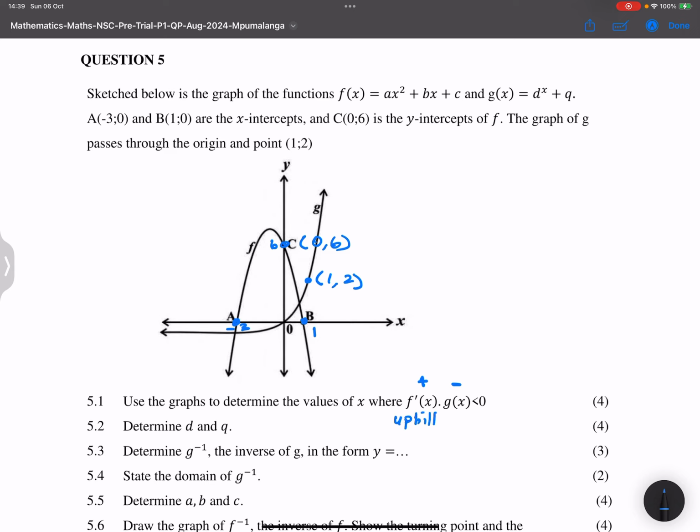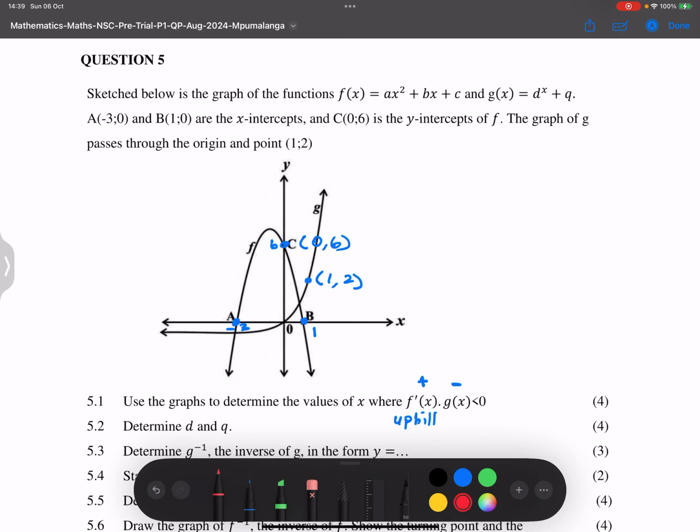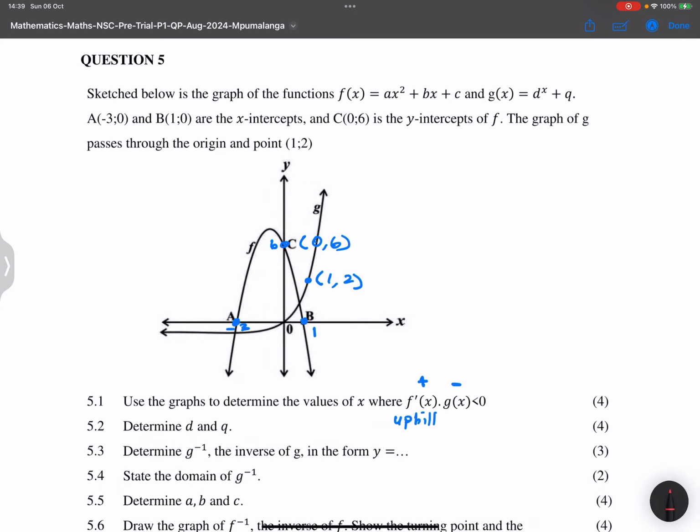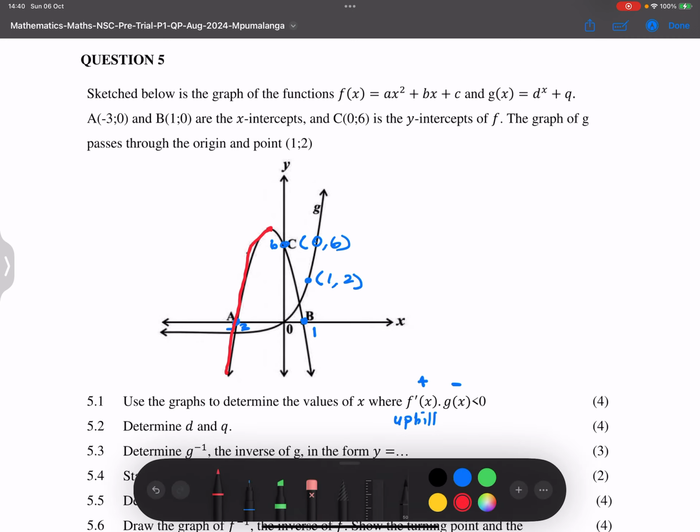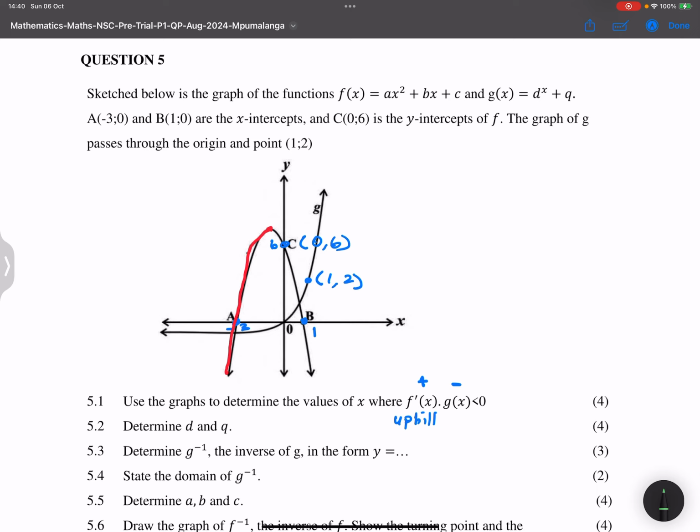Remember, the graph of f is going uphill. Where is it going uphill as I go towards the right? So it is uphill over this area over here, right? But it should be at the same time where g of x is also negative, right? And you'll see that g of x is actually negative all the way up until we get to the origin.